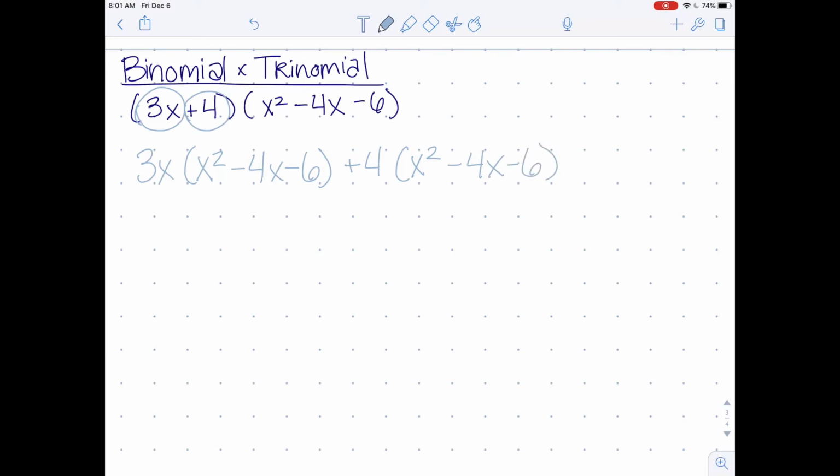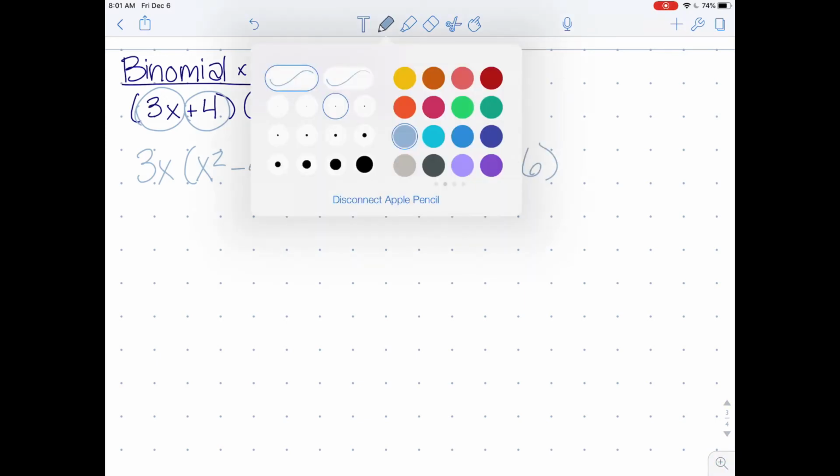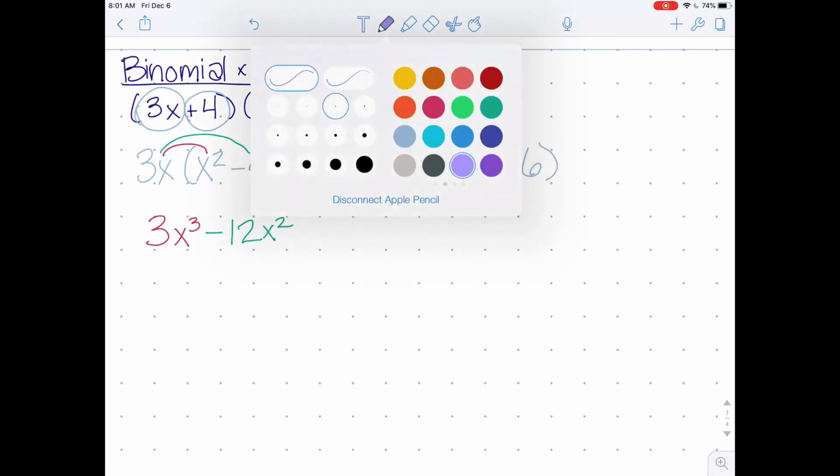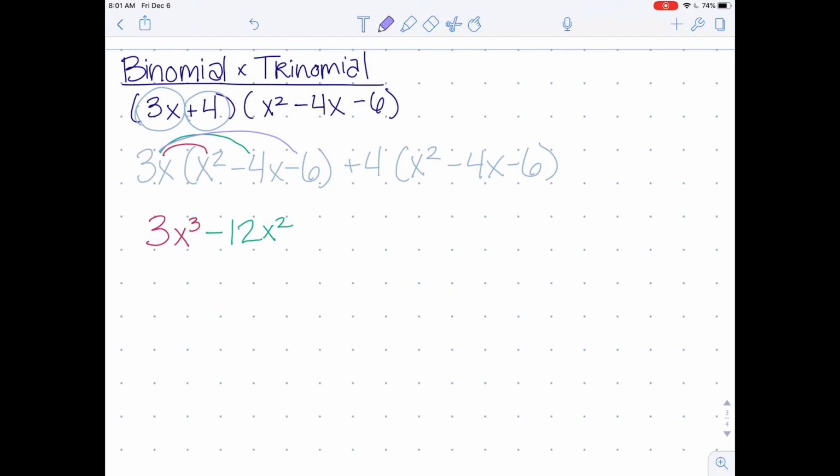So then if we go through this one at a time, we've got 3x times x squared is 3x cubed. 3x times negative 4x is negative 12x squared. 3x times negative 6 is negative 18x.